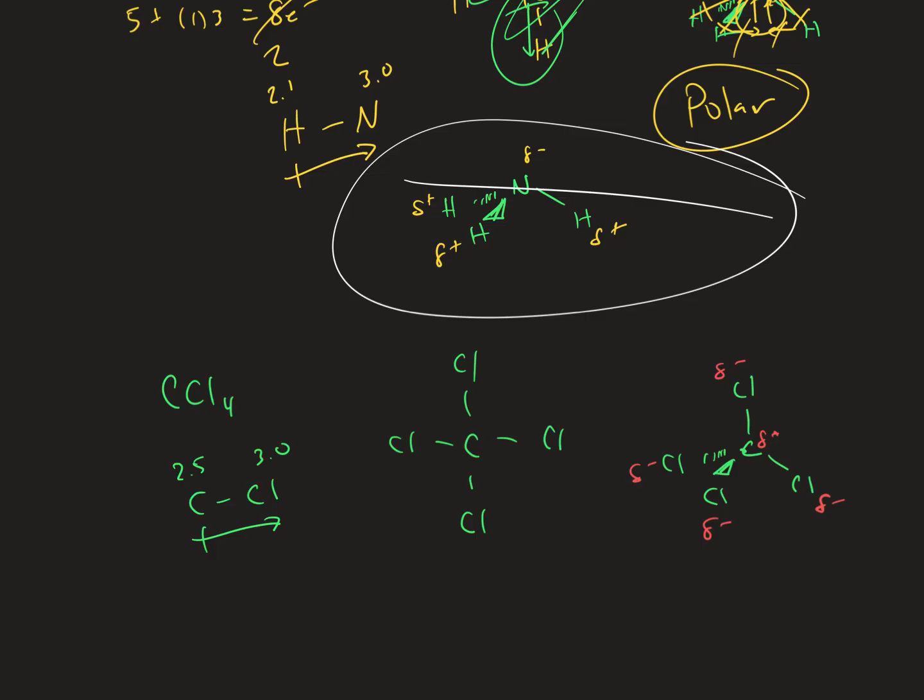That makes sense? This one's pulling down, this one's pulling down, this one's pulling down, this one's pulling up. Now these are not pulling straight down, they're pulling down just a little bit. If you add all those little bits, it adds up to be this big, right? And then you have one this big pulling up. What happens? They cancel.